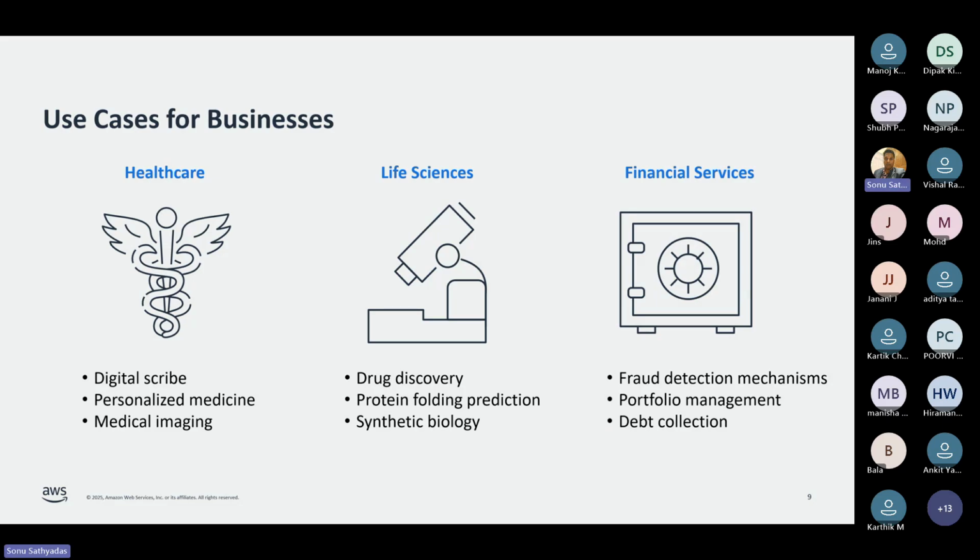Suppose I have to create the patient's treatment document or report, we can use the generative AI service, which can generate the report for the patients by evaluating the treatment documents.